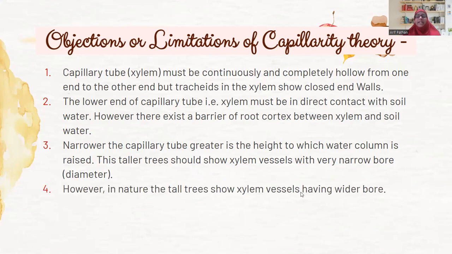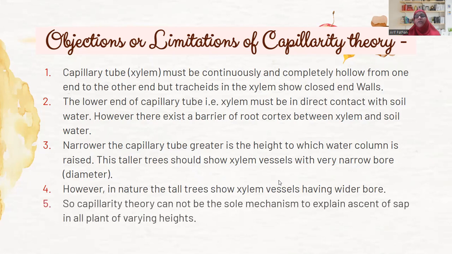But in the example we saw, the thinner the diameter of the capillary, the longer the water column. In actual taller trees, the opposite exists. So again a limitation, a drawback, which capillary theory is not explaining.